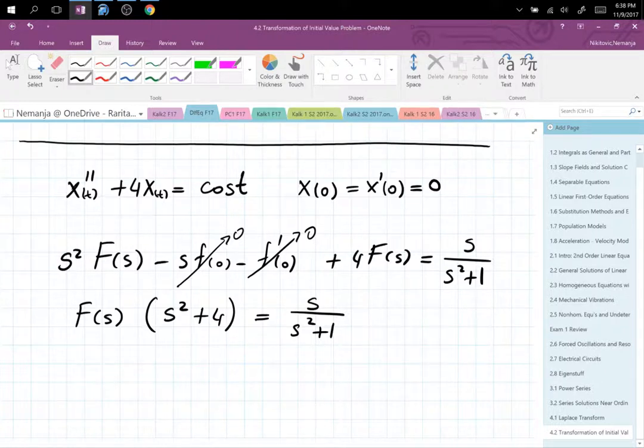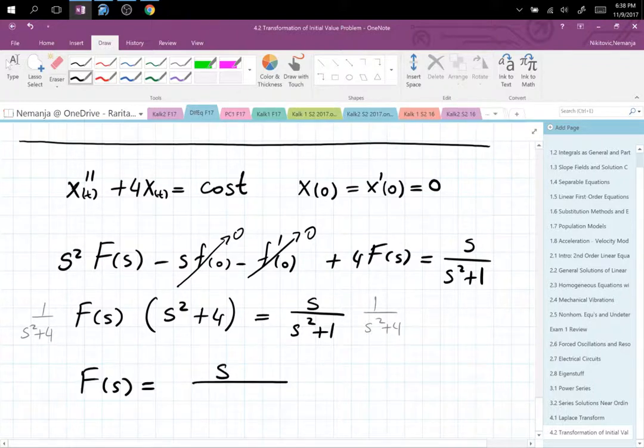Now to get F of s alone, a cheap trick would be to multiply both sides by 1 over s squared plus 4. And what you get is that F of s is equal to s over s squared plus 1 times s squared plus 4.